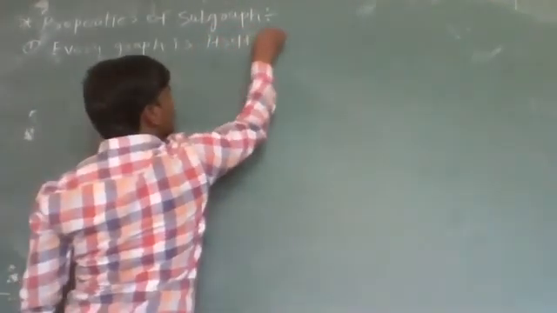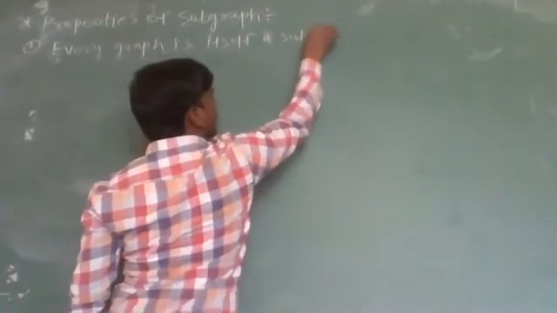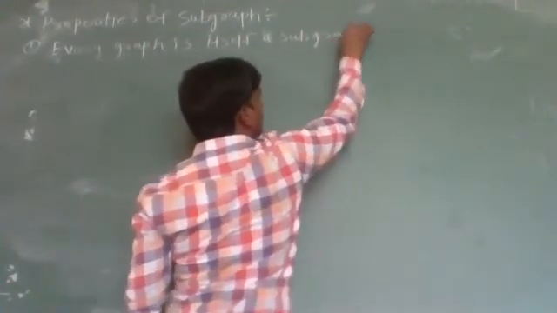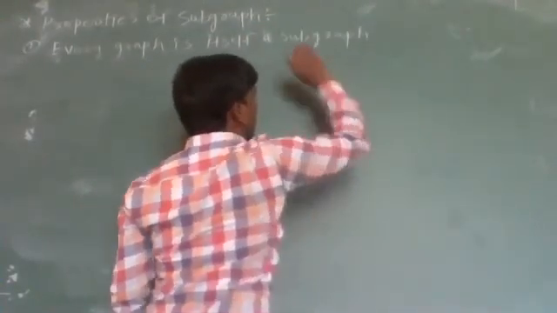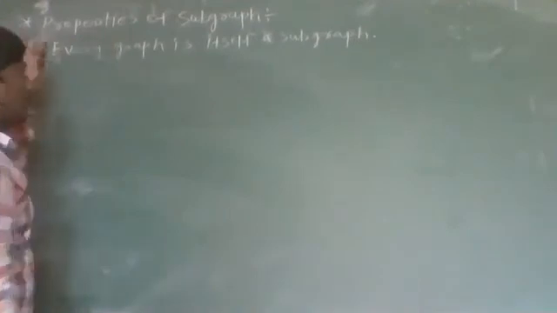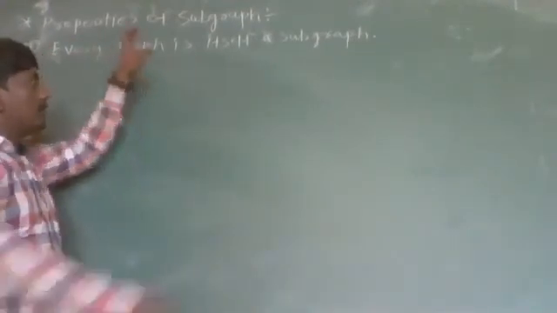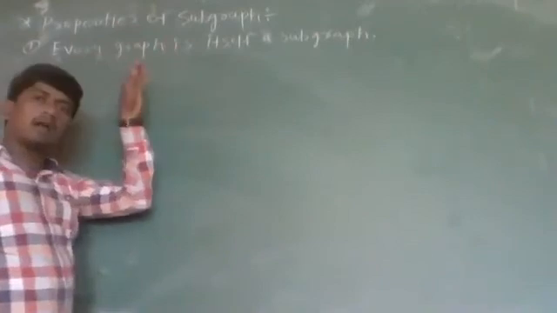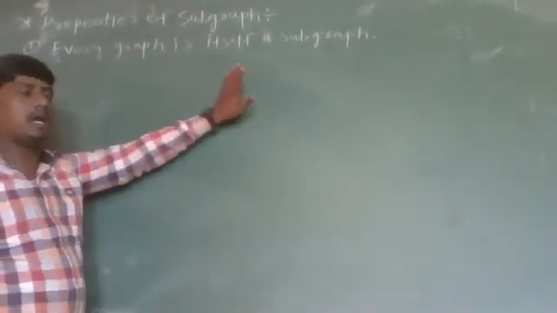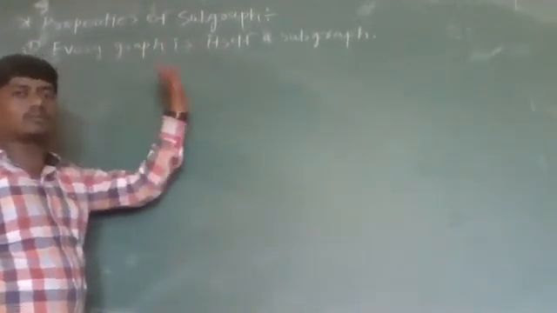From the definition of subgraph, any graph H is said to be a subgraph of a graph G if the vertex set of H is a subset of the vertex set of G and the edge set of H is a subset of the edge set of G. Then from this definition, for every graph, the vertex set of graph G is a subset of the vertex set of G and the edge set of graph G is also a subset of the edge set of graph G. So every graph is itself a subgraph.